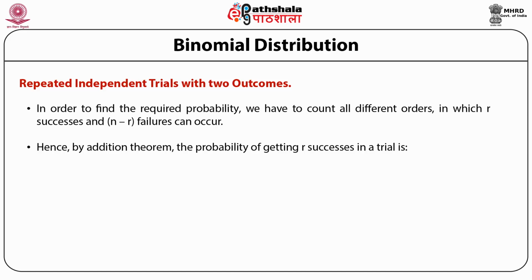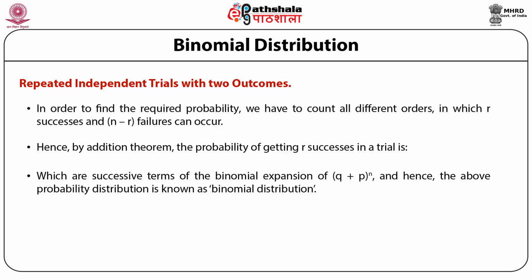We notice that probability of 0 successes is assigned q^n, probability of 1 success is assigned nC1, p raised to power 1, q raised to power n minus 1, and so on, which are successive terms of binomial expansion of the expression q plus p raised to power n. Hence, the above probability distribution is known as binomial distribution.